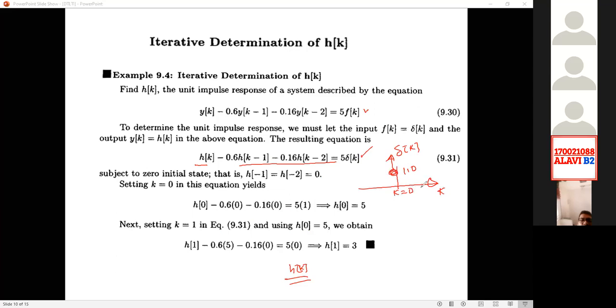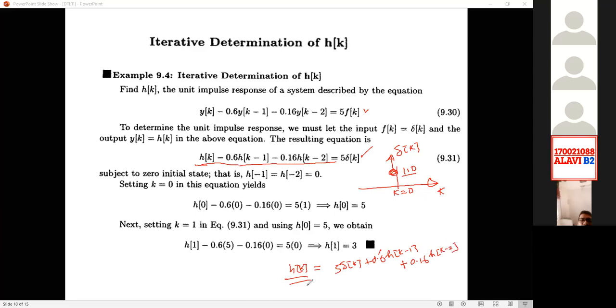Do we have any value elsewhere? No, sir. If no value is there, then we can rearrange this equation, for example, to rewrite it as h[k] equal to 5 delta[k] plus 0.6 h[k minus 1] minus 0.16 h[k minus 2].